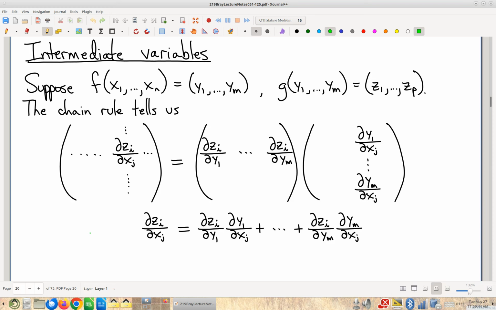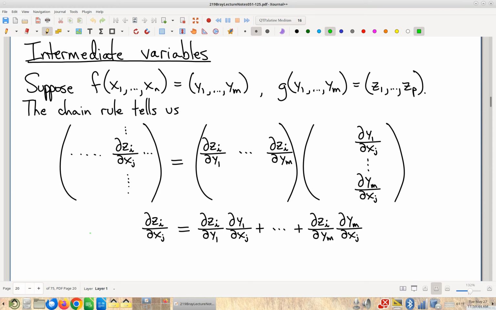Forget about everything else changing. Yes, there are a lot of other things changing, but just the mere fact of y1 changing will cause zi to change, and there's a multiplicative factor there. What's the multiplicative factor relating y1 changes to zi changes? We have a name for that as well. That is this partial derivative right there.